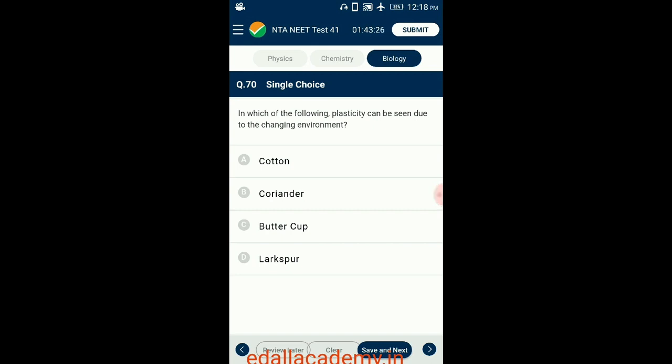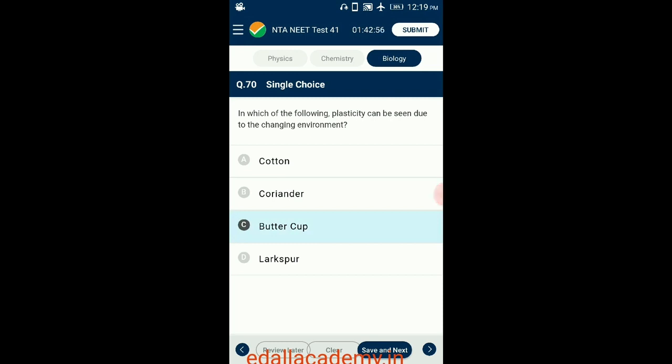In such plants, the leaves of juvenile plant are different in shape from those in mature plants. On the other hand, differences in shapes of leaves produced in air and those produced in water in buttercup also represent the heterophyllous development due to the environment. This phenomenon of heterophylly is an example of plasticity. So the answer for this question is option C, buttercup.